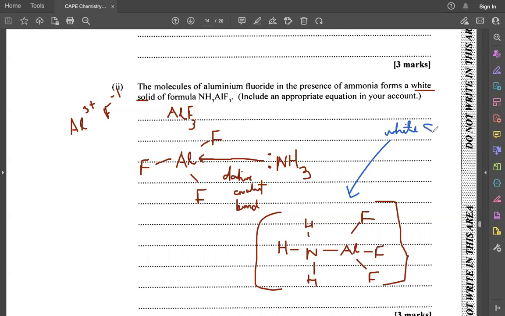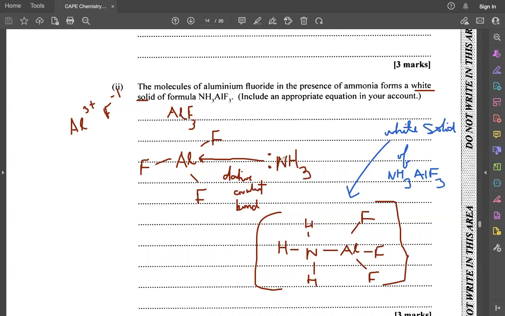Okay, so white solid of NH3AlF3, right? So we started out with this ionic bonding structure between Al and the 3 F atoms.